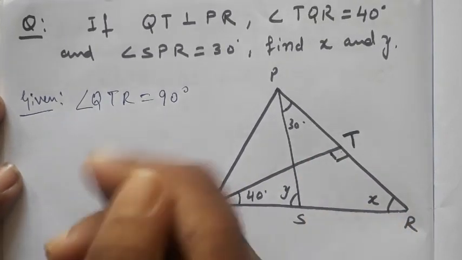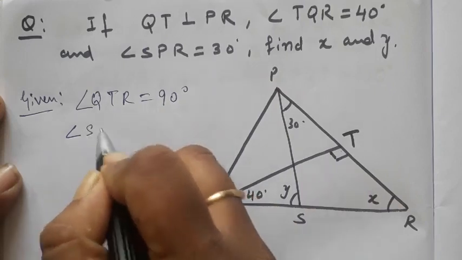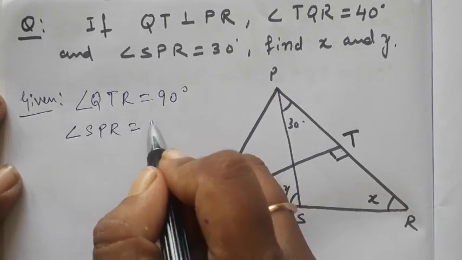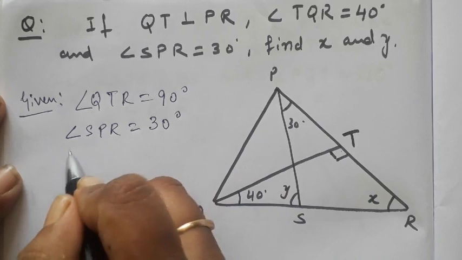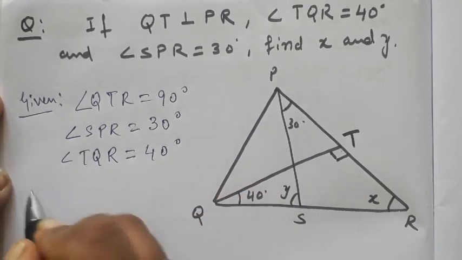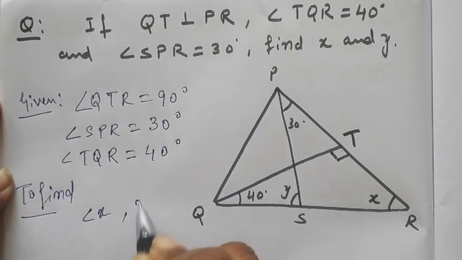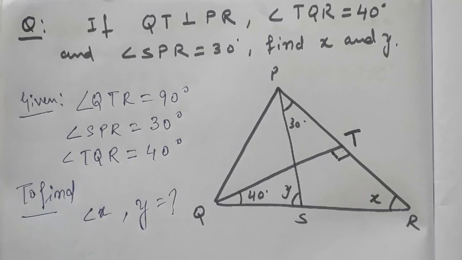Another thing given is that angle SPR is 30 degrees, and angle TQR is 40 degrees. We need to find angle X or Y.